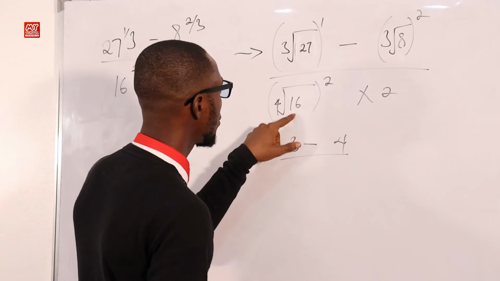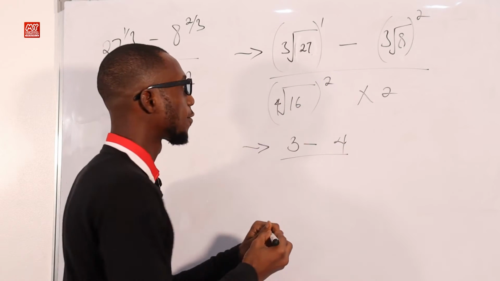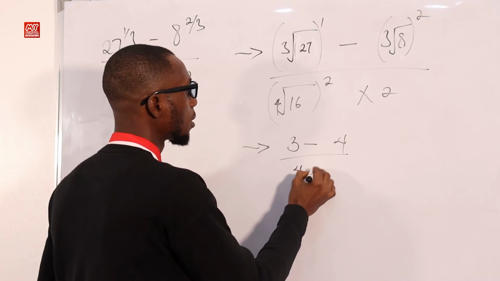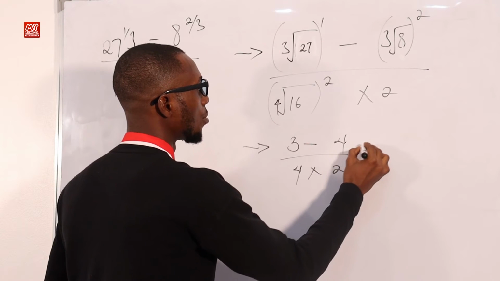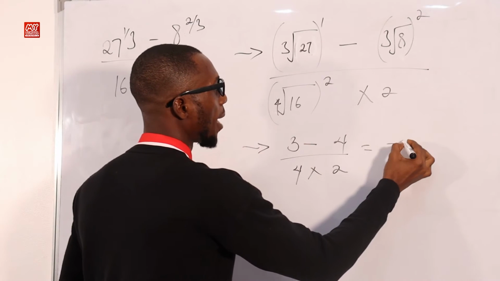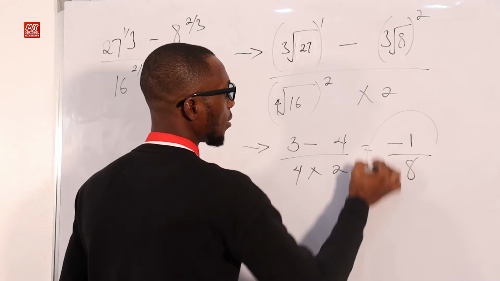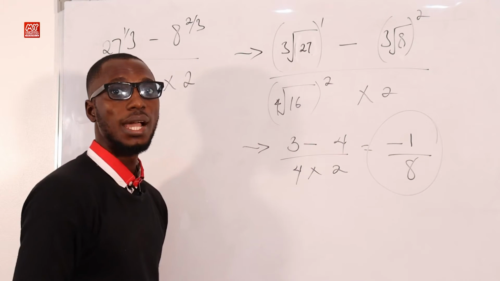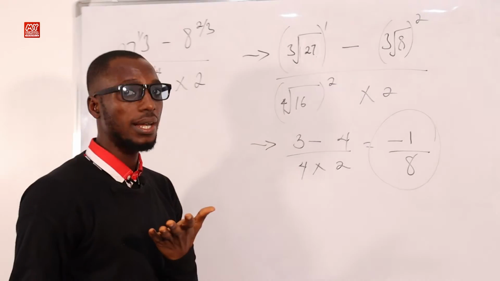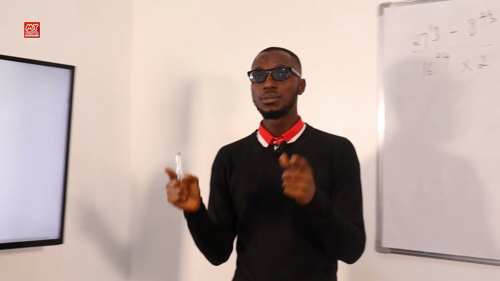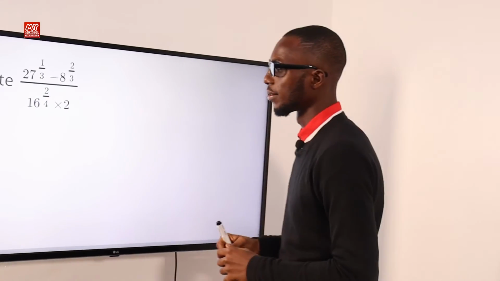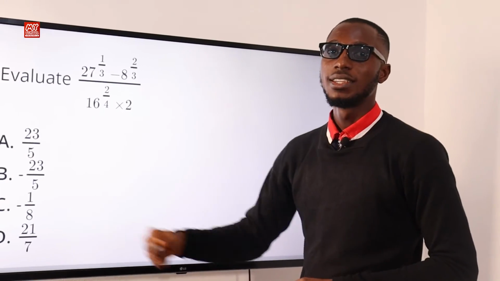So that number is 2, then raised to power 2, that is 4, okay? 4 times 2, 3 minus 4, that is minus 1, over 4 times 2, that is 8. So working on this, we have minus 1 over 8. So join me as we go back to the screen and point out minus 1 over 8. Option C is very correct.